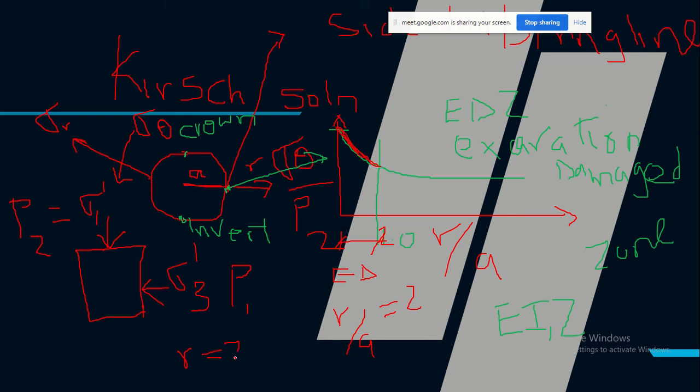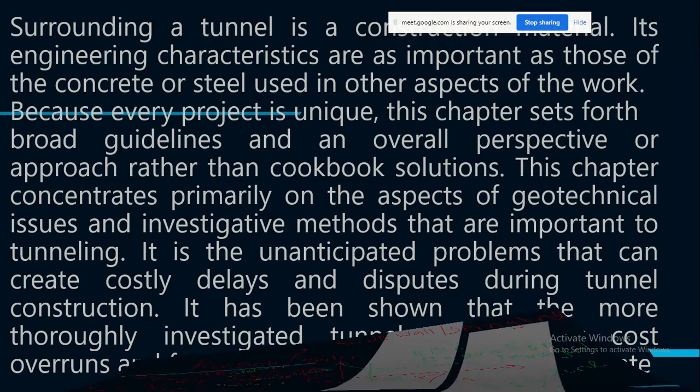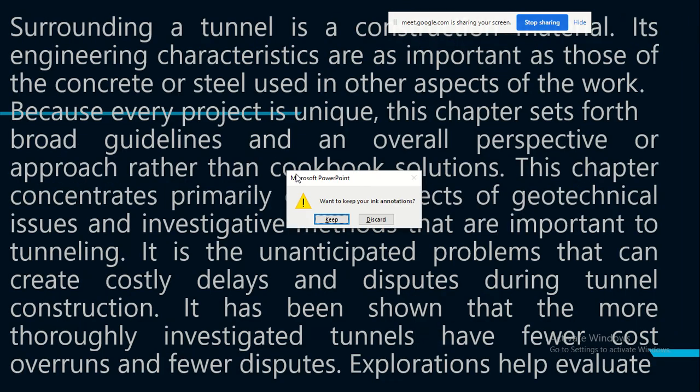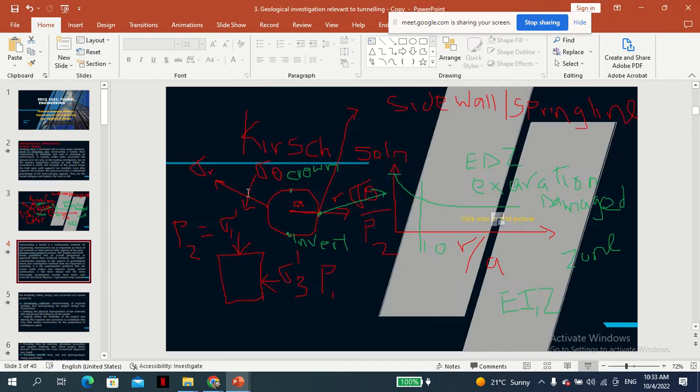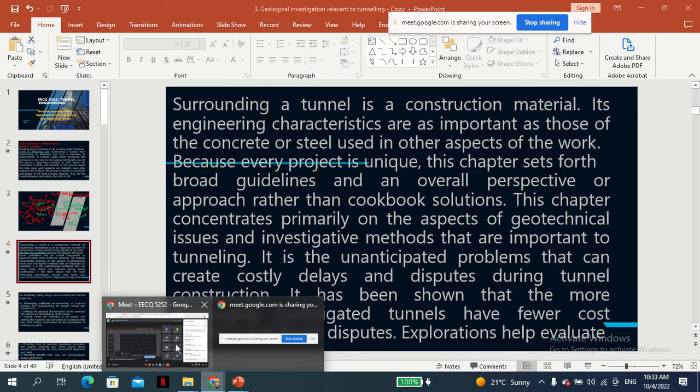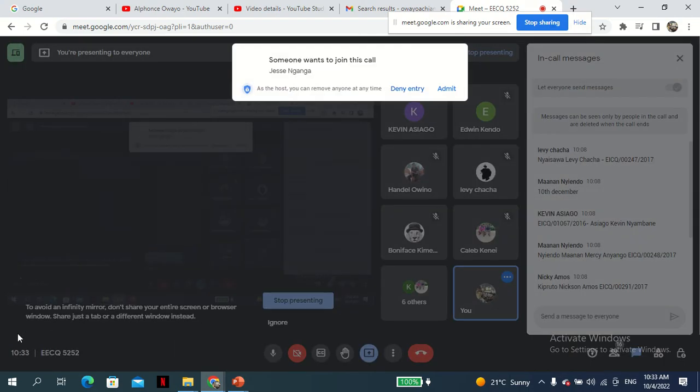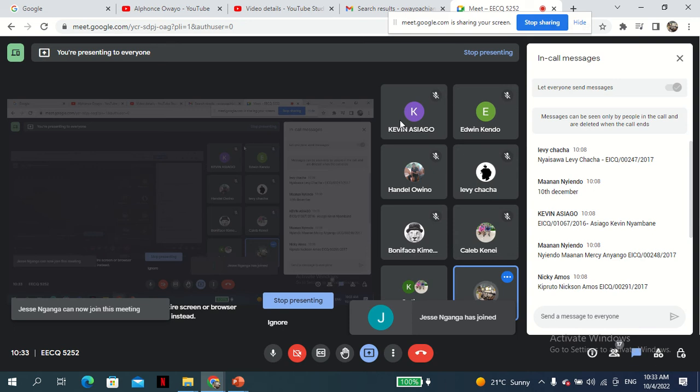What does that mean in practical terms, where A is the radius of the tunnel or of the opening? Hello? Class rep?